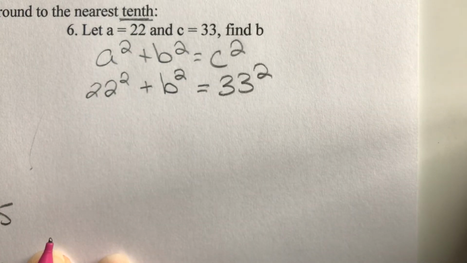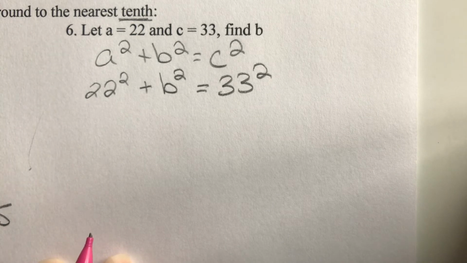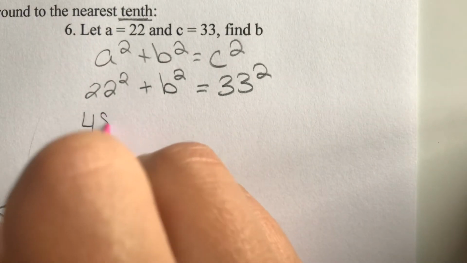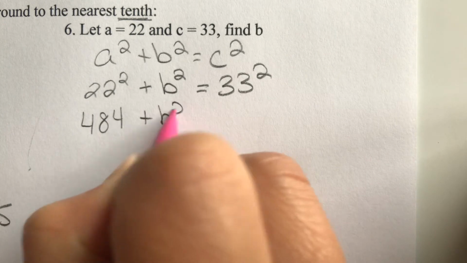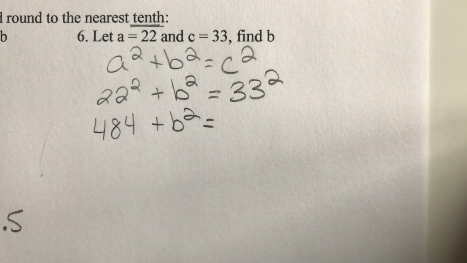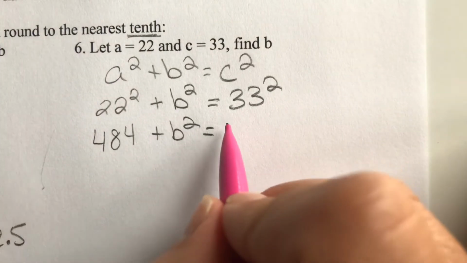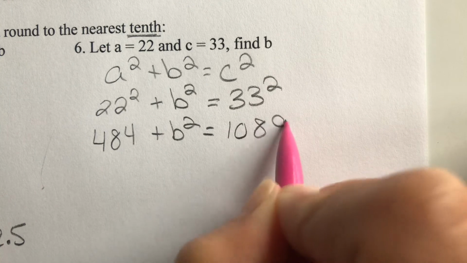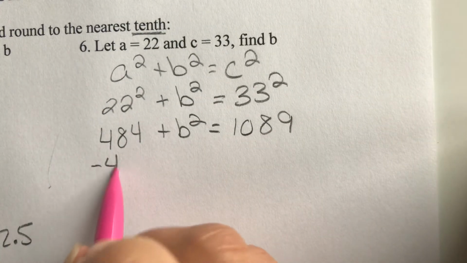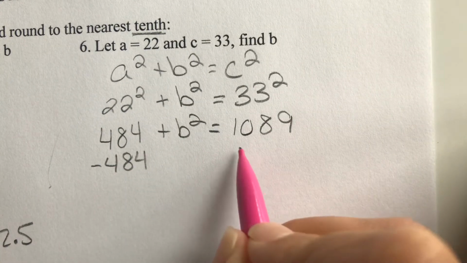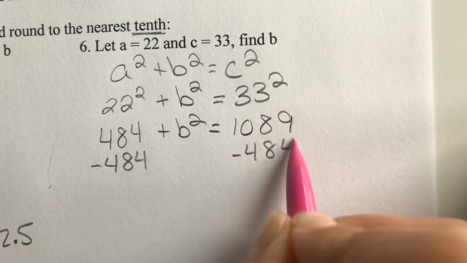22 squared is 484. 33 squared is 1089. Subtract 484 from both sides.